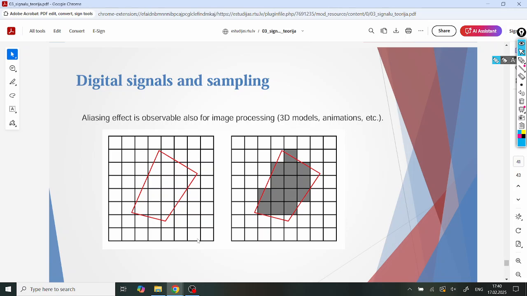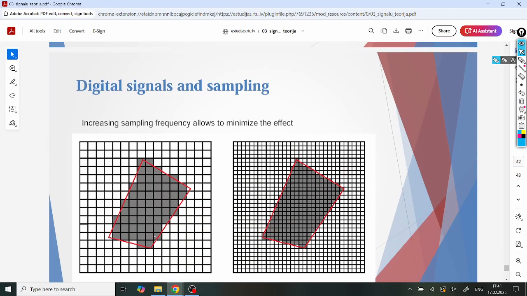How can you improve that? Two ways. First, increase the resolution. So if you have smaller pixels and more of them, your shape is going to become more accurate.